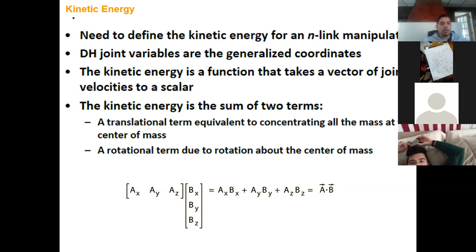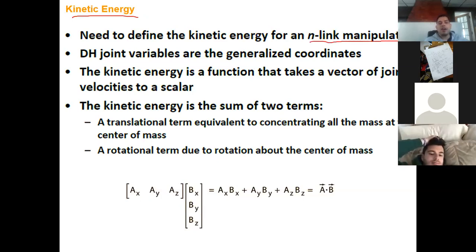So let me begin with kinetic energy for the N link robot or manipulator. Then after I'm done with this, I'll talk about potential energy for the N link robot. Then I'll subtract potential energy from kinetic energy, and I call it the Lagrangian. Then once I have the Lagrangian, I can plug it into the Euler-Lagrange equation, then we can find the equation of motion. That's the whole idea.